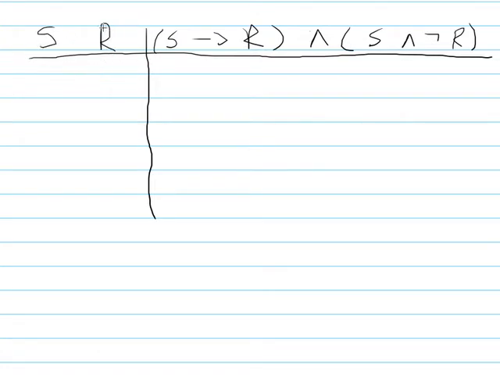Now, once we've constructed the truth table, we have to fill out the rows corresponding to each possible combination of truth values for the atomic sentences S and R. Because there are two atomic sentences, we know that there will be 4 rows because 2 to the power of 2 is 4. To fill out those rows, we start with the rightmost atomic sentence R, and we go 4 times, alternating between true and false.